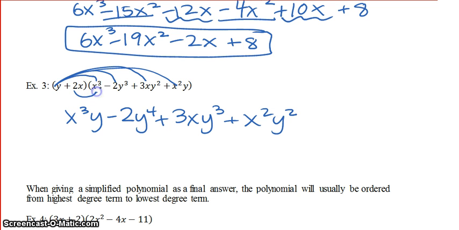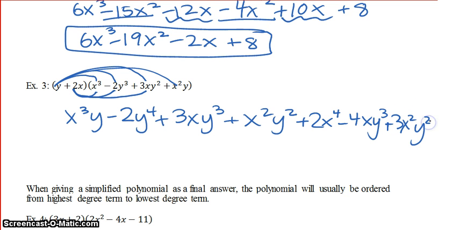Now I'm going to do 2x times 3x cubed, which would be 2x to the fourth. 2x times that, so it's going to be a negative 4xy cubed. 2x times that, so plus 3x squared y squared. And 2x times that, which will be plus 2x cubed y. Okay, so like terms.